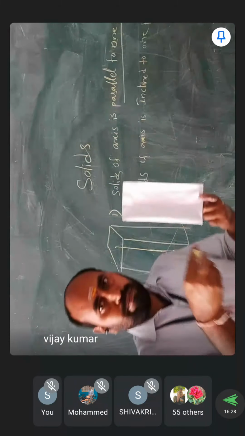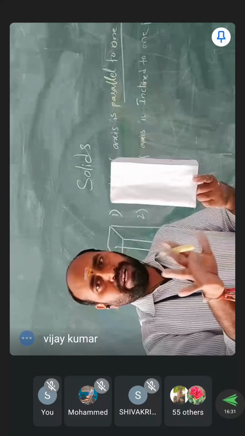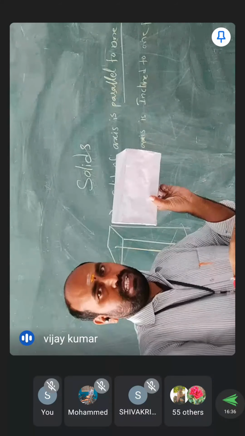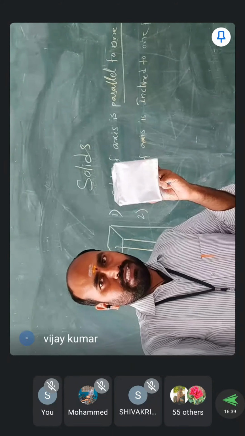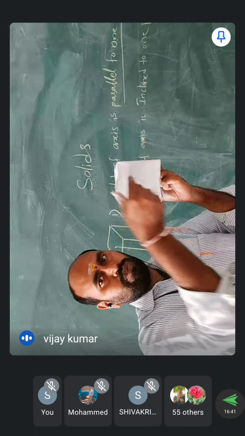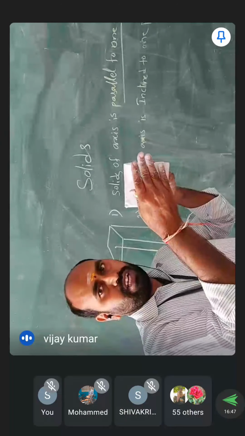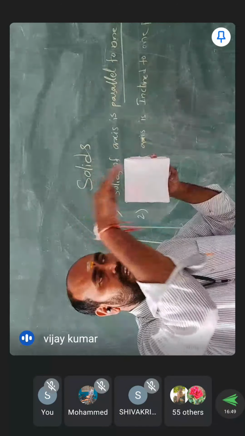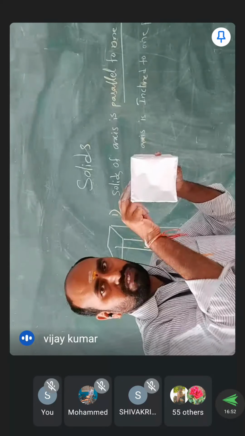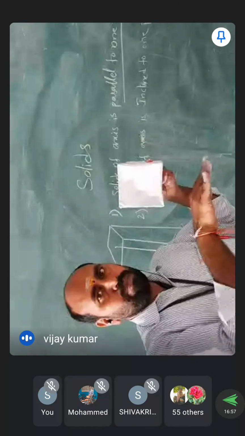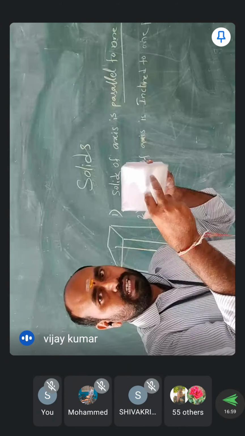If it is parallel to one plane, then for another plane it is in a perpendicular direction. You have to remember. If you are keeping it like this, from center to center, when you are observing the front direction and the top direction, the axis of this square prism is parallel to the horizontal plane, which means it is perpendicular to the vertical plane.